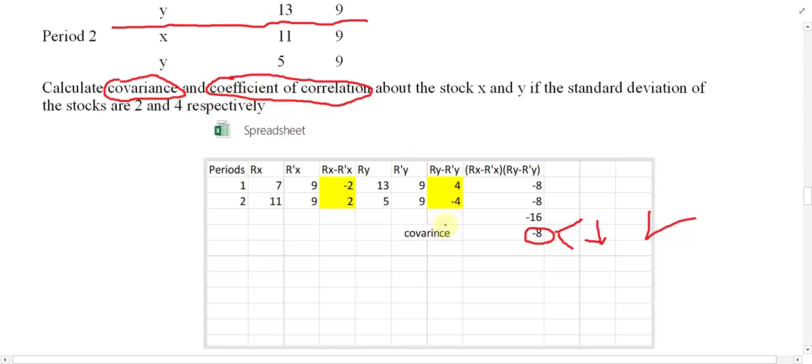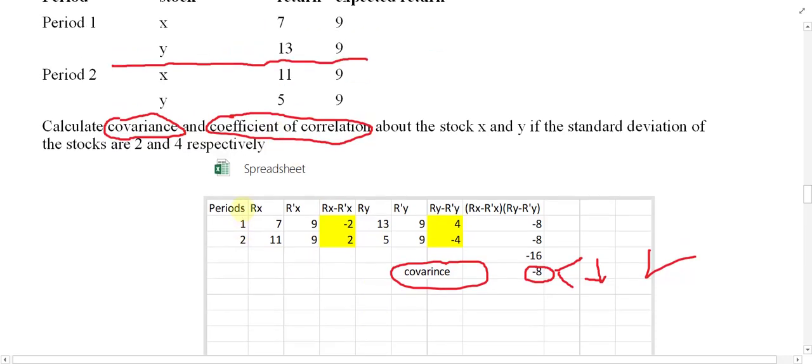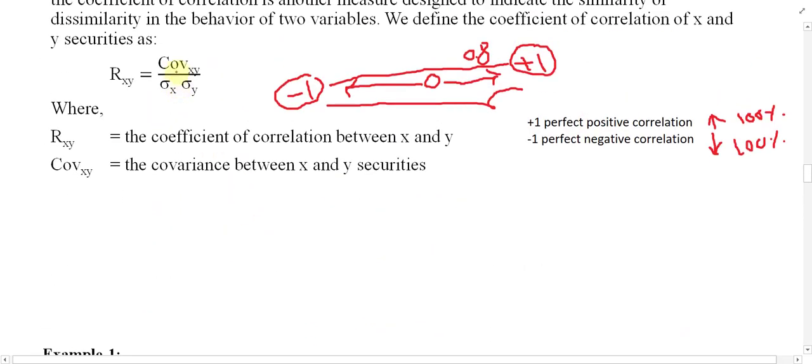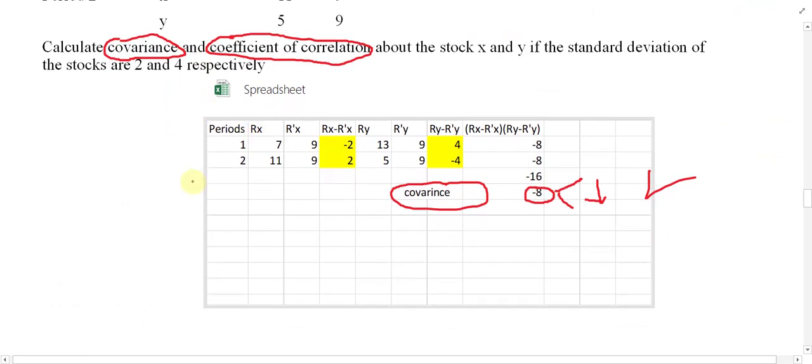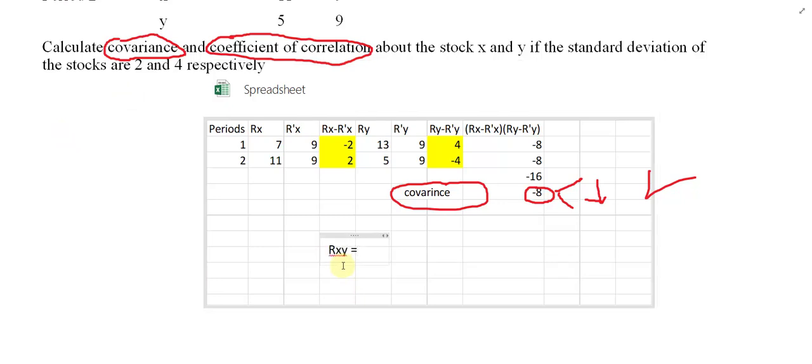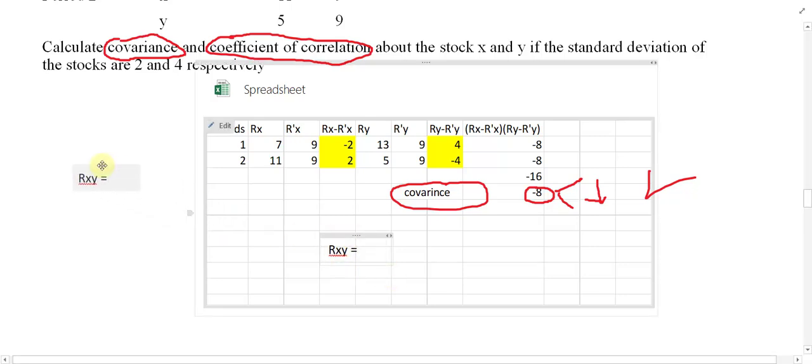Also, we have to calculate the coefficient of correlation. If you remember the formula of the coefficient of correlation, it is the covariance divided by the standard deviation of x as well as the standard deviation of y, right? So you can do it here itself. Let us say we want to calculate the coefficient of correlation between security x and y.